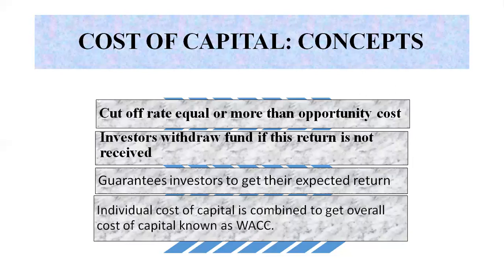Next, we are coming to the share capital. Among the share capital, two sources are preferred share capital and equity share capital. Internally generated reserve fund also belongs to the equity share capital. So if we calculate the cost of equity share capital, that can be applied for calculating the cost of reserve fund.